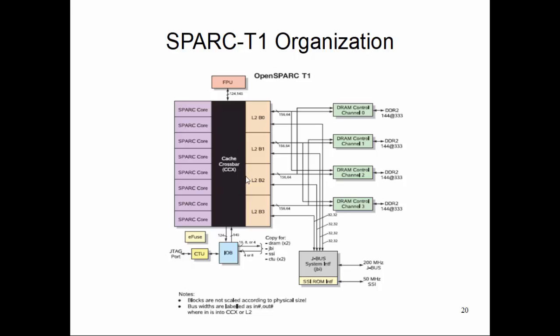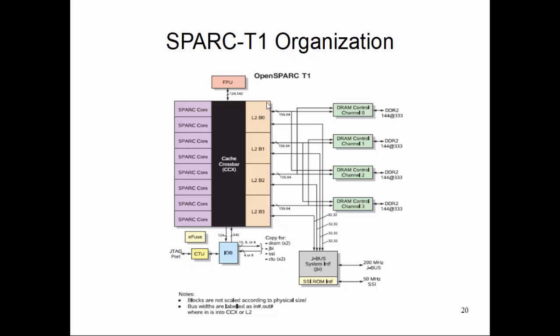Each of these L2 cache banks is connected to a parallel DRAM controller through parallel channels 0, 1, 2, 3. They are connected to separate DDR2 memories, etc. And they have some other IO controller systems, which are not important.